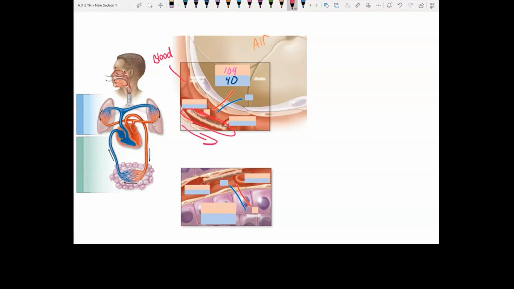Blood is flowing this way. So on the left, we have the old deoxygenated blood from the body. The level of oxygen is 40. So this is blood that has already given oxygen to the cells. So its oxygen level is down to a partial pressure of 40. Now also, when you give oxygen to cells, you pick up carbon dioxide. So we have 45 for carbon dioxide. Now we do diffusion.